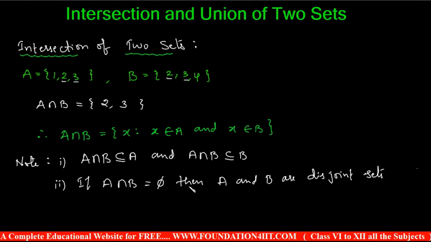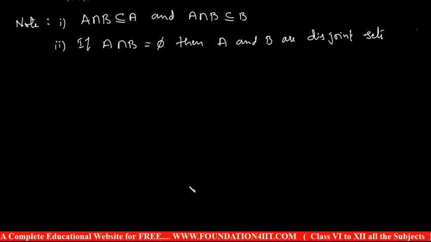Let's take a few more notes. In case A intersection B is not equal to the null set, meaning there is a common element, then A and B are not disjoint.